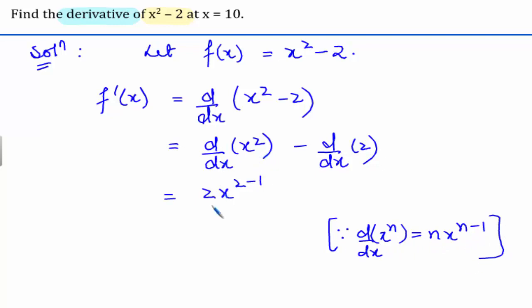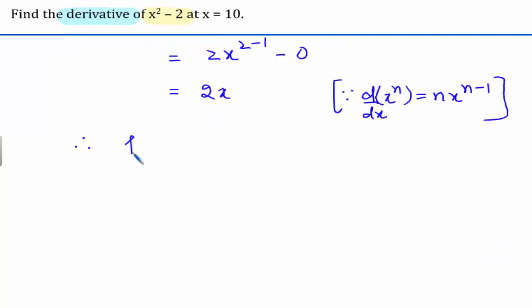Here n is 2, so we have 2x raised to the power 2 minus 1, and derivative of the constant function is 0. So we have 2x. Therefore, f dash x is equal to 2x.